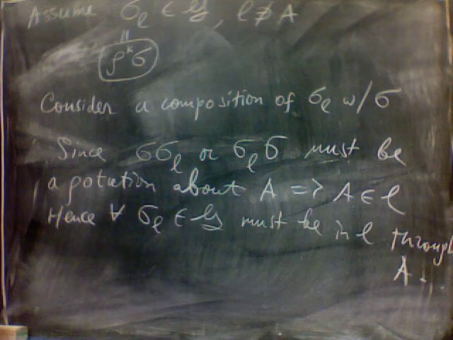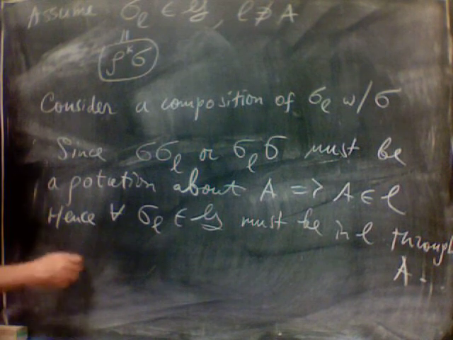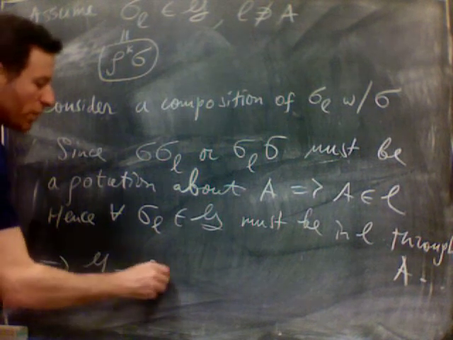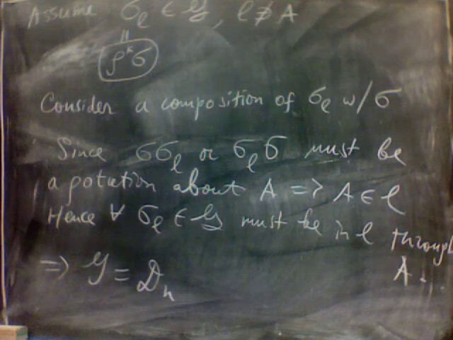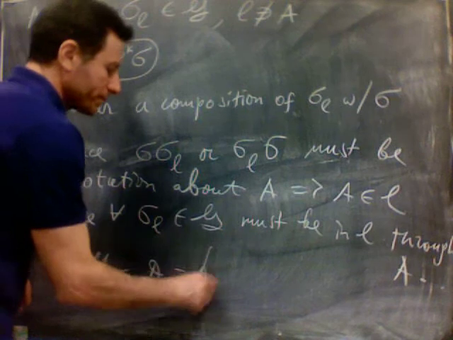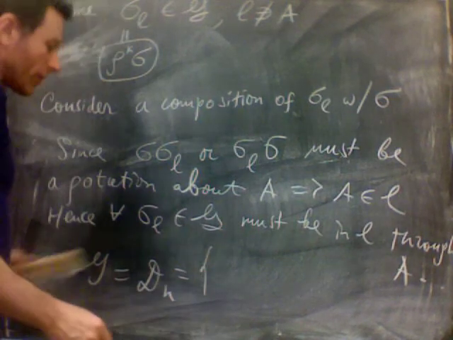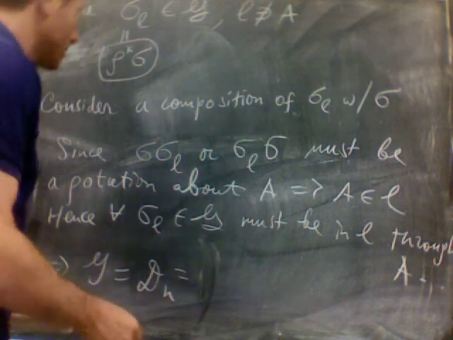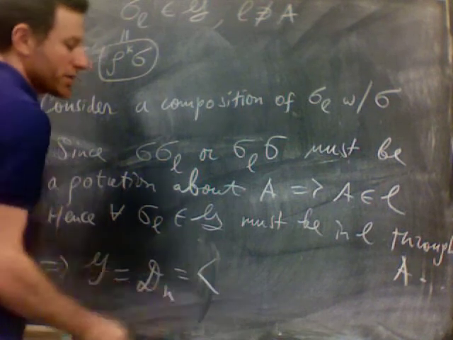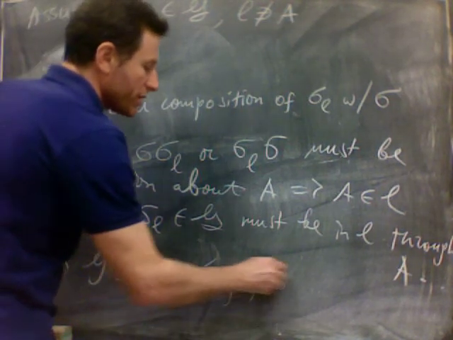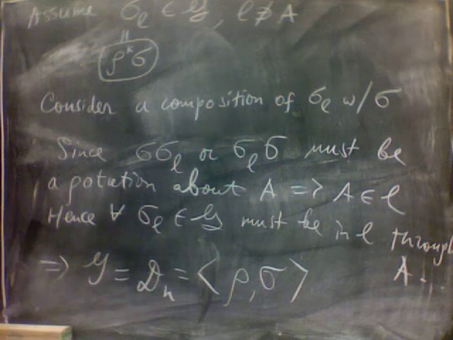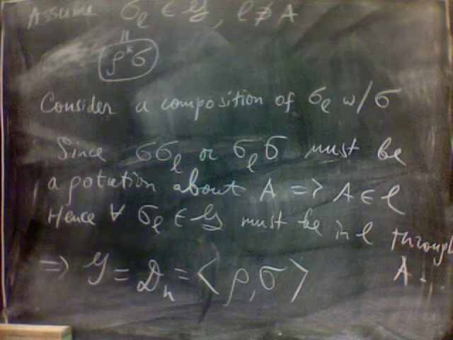That means that it follows that G is one of the dihedral groups, Dn, consisting of n rotations and n reflections. In other words, generated by these two basic isometries.